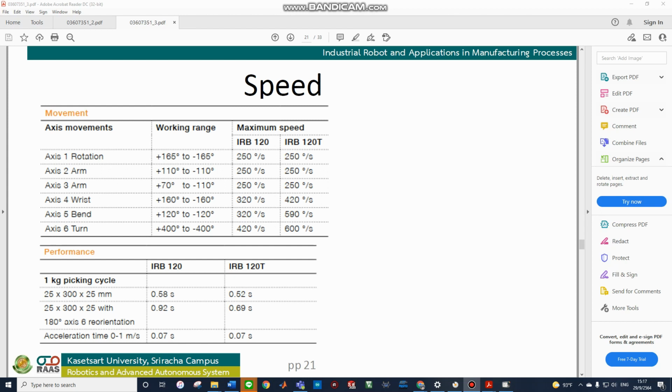Global test consists of a 25 mm vertical move upward, forward by 300 mm horizontal move and 25 mm vertical move down, to provide a reliable speed comparison.